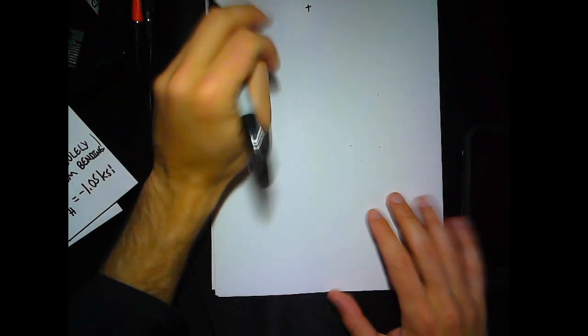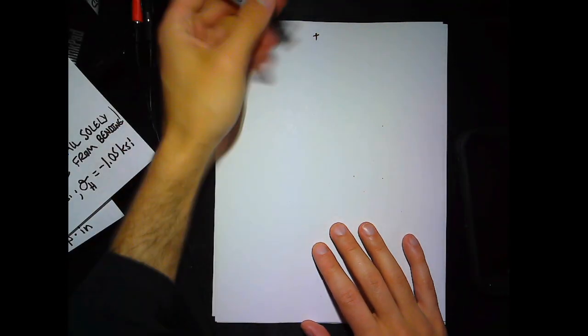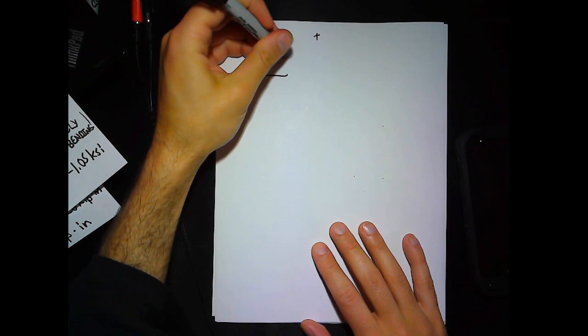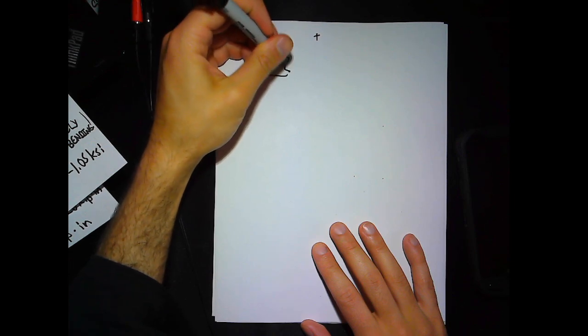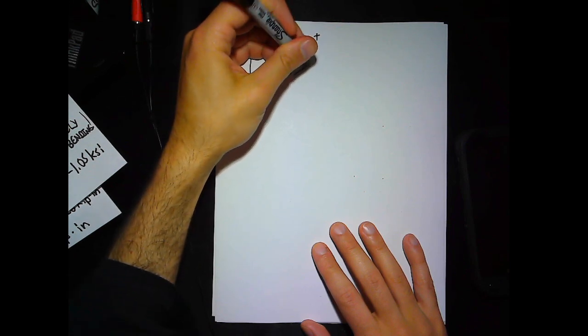So when I go to look at my section, there's my section. And I can draw my bending stress on it.